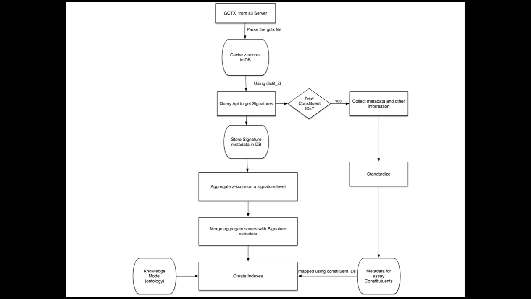Okay. So this is the complete flow chart of how we are processing the data from Broad. So first we download the GCTX file and then parse it, save the Z-scores into DB, and then using the distill ID that we get from the GCTX file, we query the API, get the signature, and store the metadata for the given signature into MongoDB.